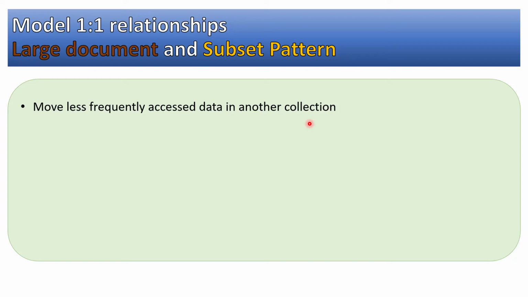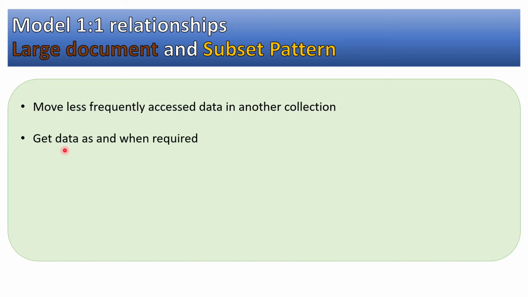In future, whatever review comes in, we will store it in the collection and move one review from that collection into the other collection. You will have to implement this logic at the application level, because it cannot be automatic at the database level.